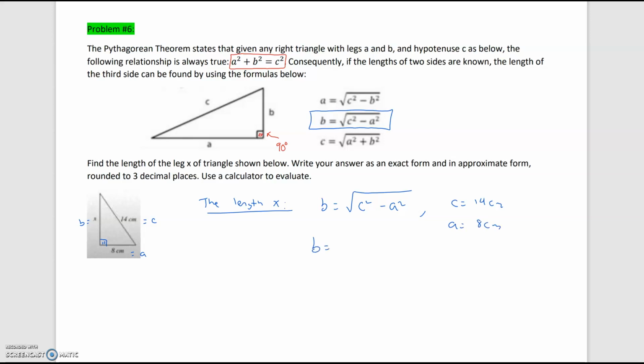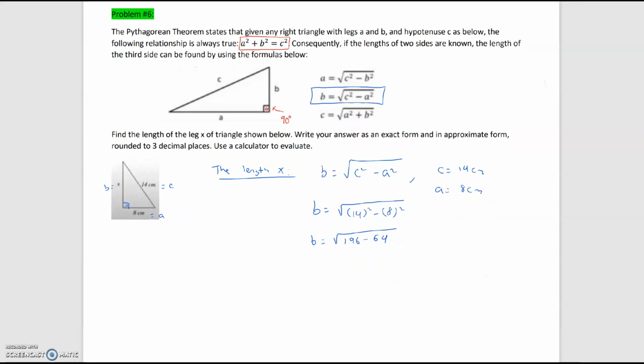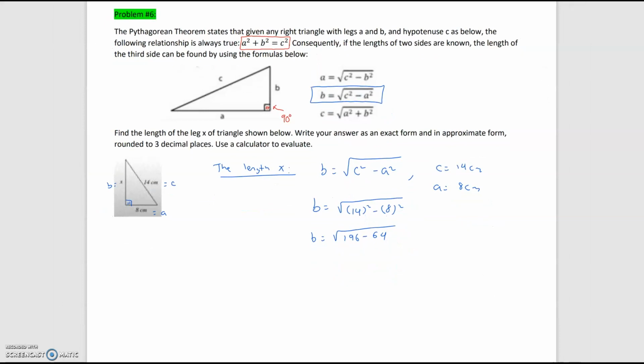So length B is going to be equivalent to the square root of 14 squared minus the value of 8 squared. 14 squared is 196, so 196 minus the value of 64, which is going to give us 132.